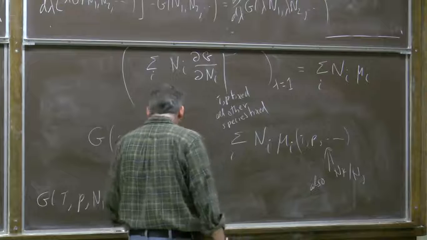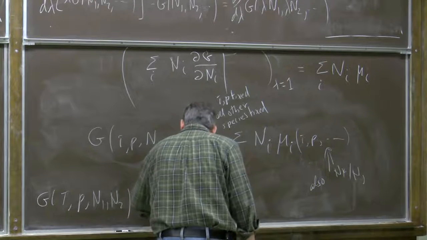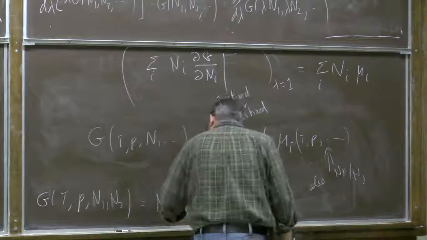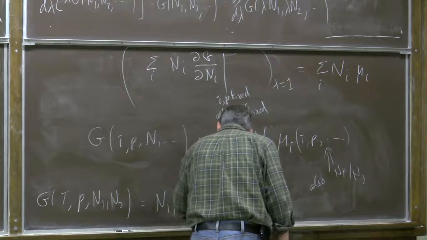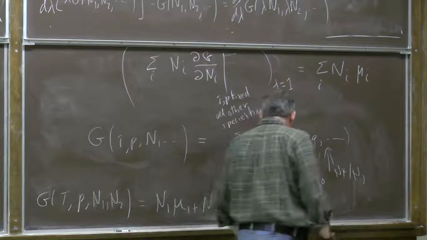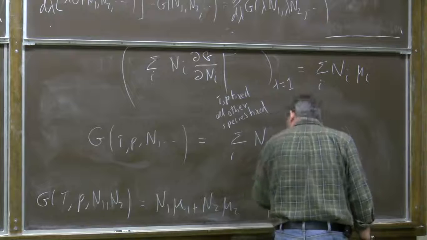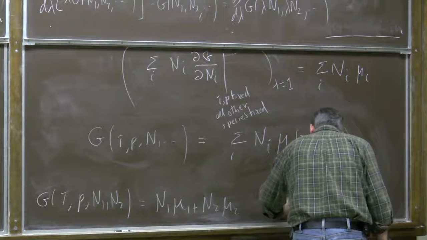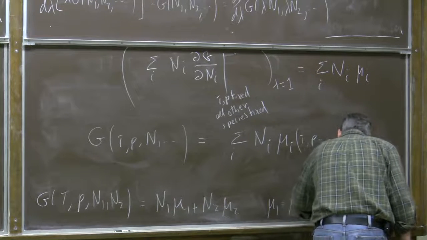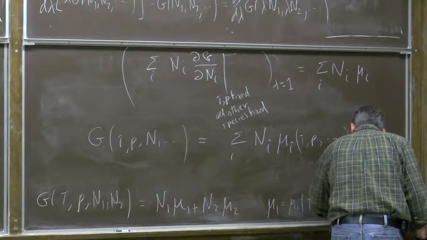Then the chemical potential is N1 mu1 plus N2 mu2, where mu1, for example, is a function of temperature, pressure, and the ratio N1 over N2.